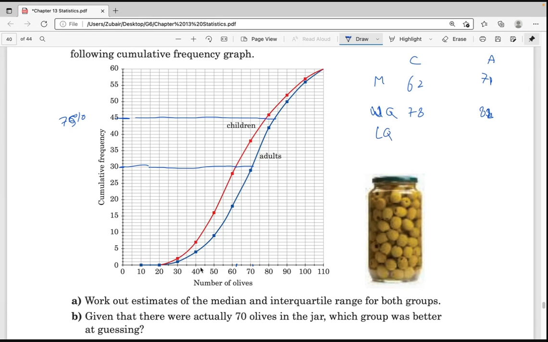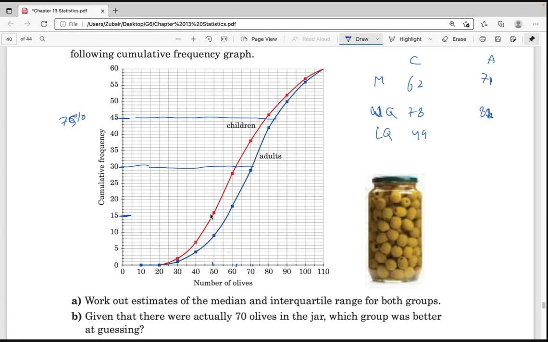Then the lower quartile. One quarter of 60 is 15. At 15, for children it is a little bit before 50, so 49.